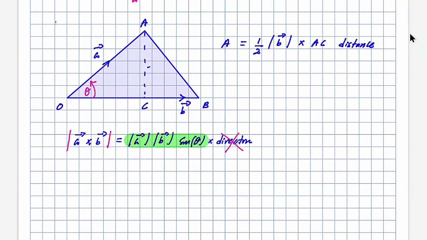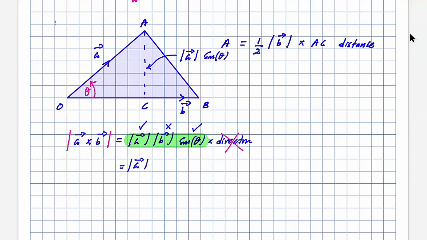Now, if you really think about grade 7 math, this AC height is A vector magnitude sine theta, isn't it? Now, if you look into this cross, A sine theta is there. But this B magnitude is extra, isn't it? So now what we do purposely, we force this B to be 1. So how do you force this B to be 1?